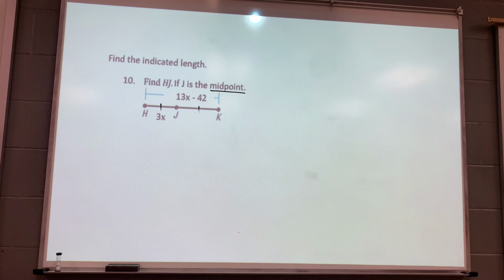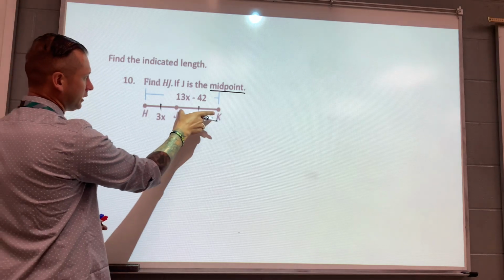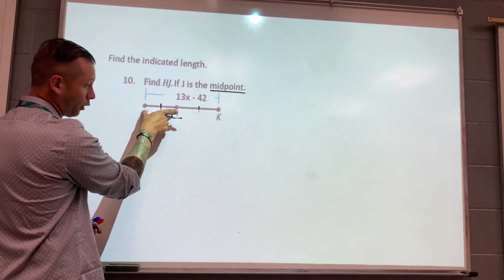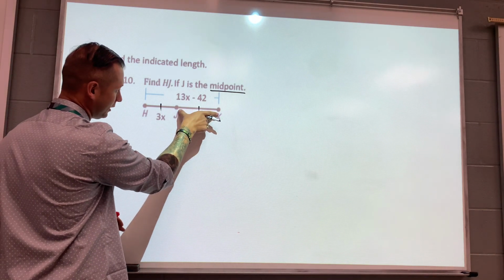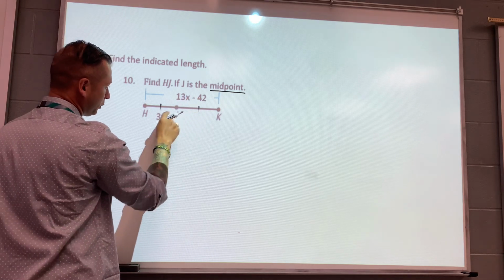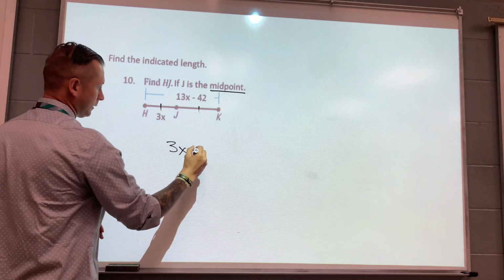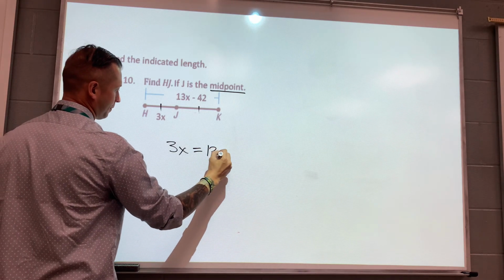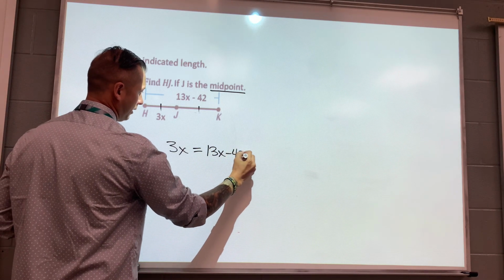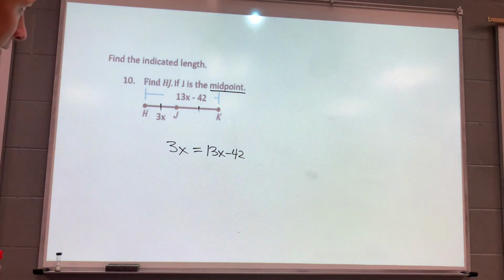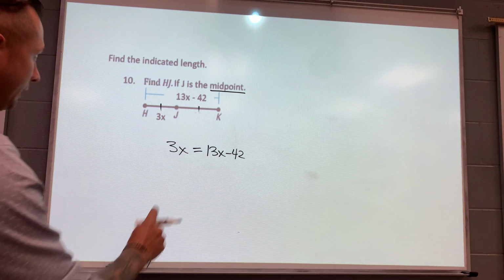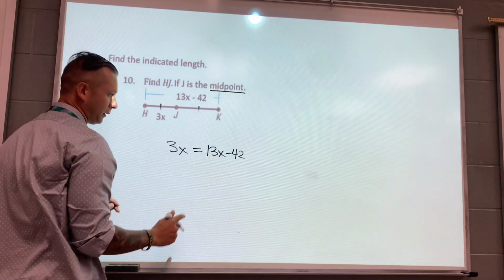You always trust the math, trust the terminology, trust what they're telling us. So I know that these two things are congruent. So I can set these two values equal to each other and solve for x. I'm setting them equal to each other because I know that they're congruent, because it tells us that it's the midpoint.